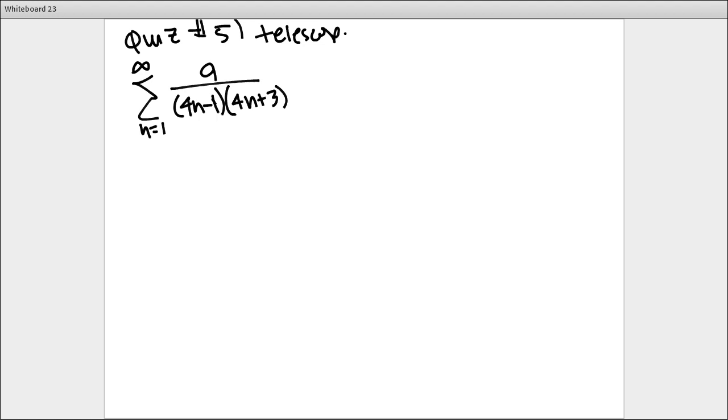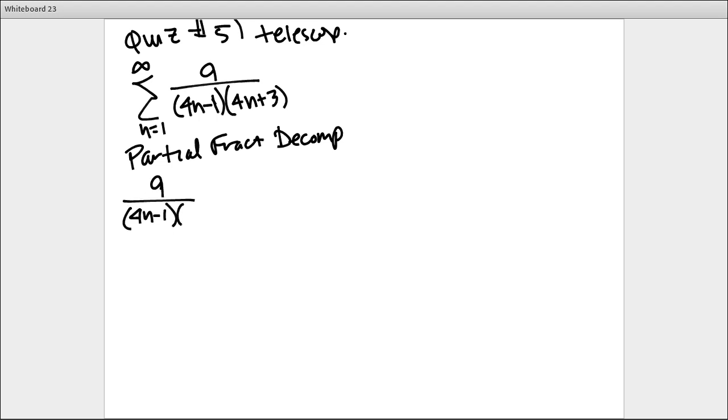So this is a hidden little telescoping series that does end up converging. You do partial fraction decomposition to make it happen. You go 9 over 4n minus 1 times 4n plus 3, that's equal to, put placeholders for the numerators.